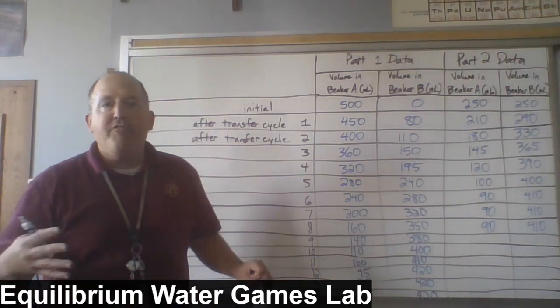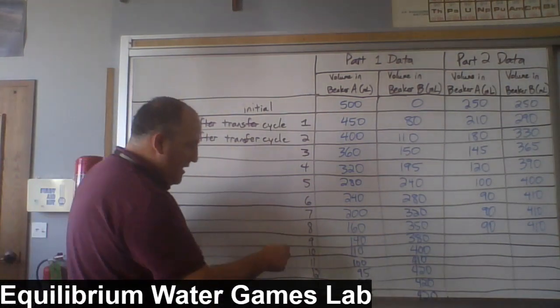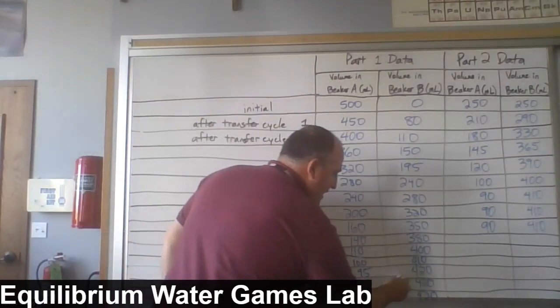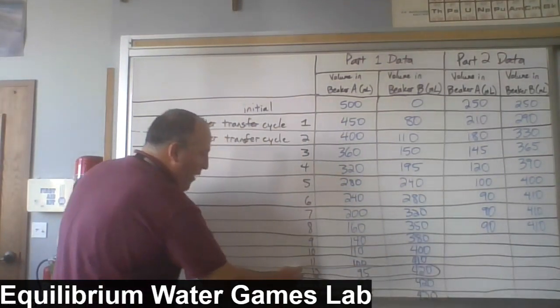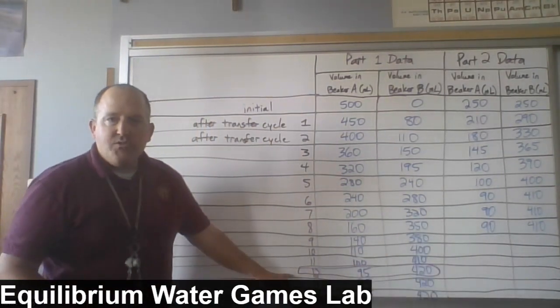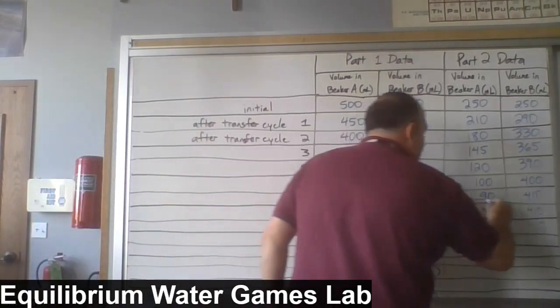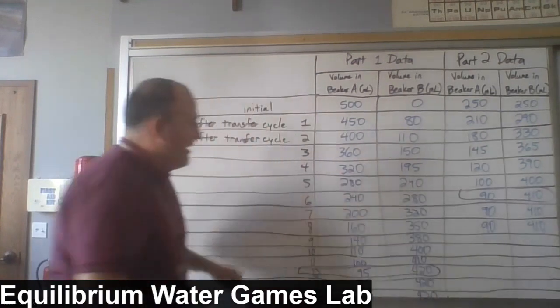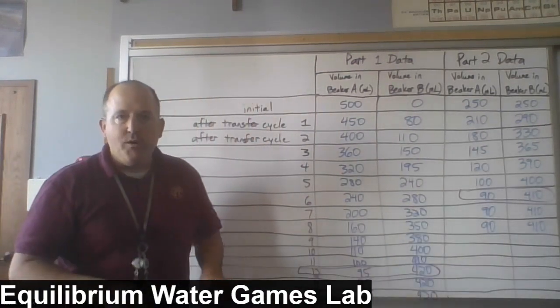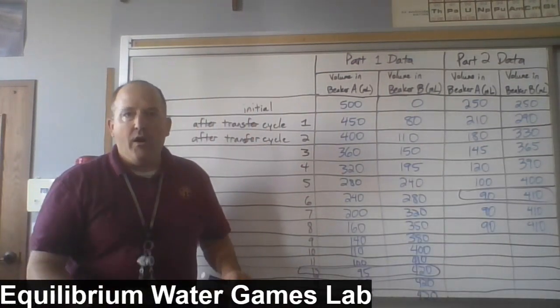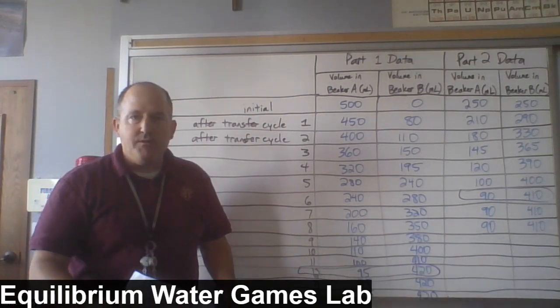We only need to know roughly when did this happen? When did equilibrium get established? And I would say in part 1 data, it was after transfer cycle 12. And in the part 2 data, it was after transfer cycle 6, because then it started repeating and it could have kept going on, and you would just get the same numbers.